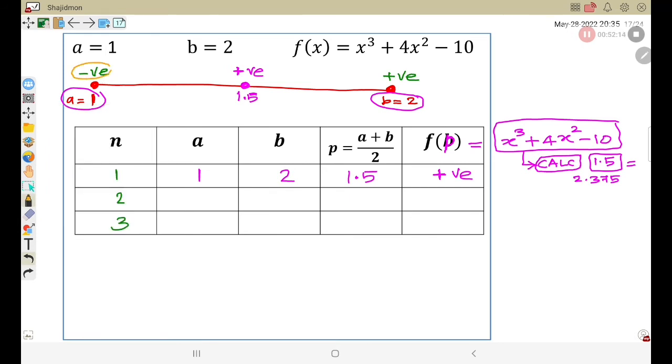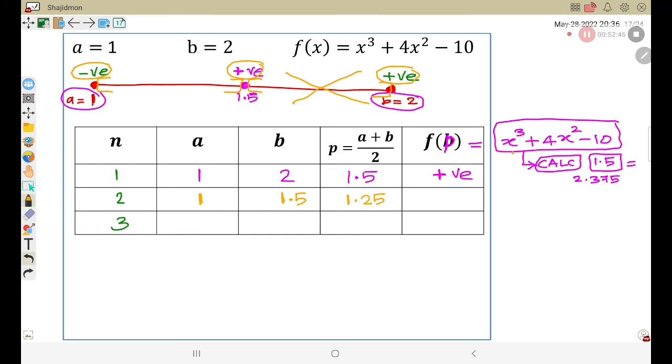Here negative, here positive, so this interval has opposite signs. But the next interval, here positive, here also positive, same sign, so this part we are deleting. We want only the first part because it has one negative and one positive. So for the second approximation, 1 and 1.5 are the input. Now take the middle of these two numbers, so we will get 1.25.